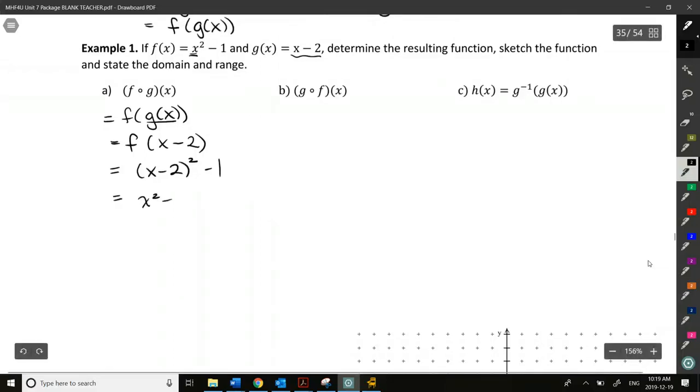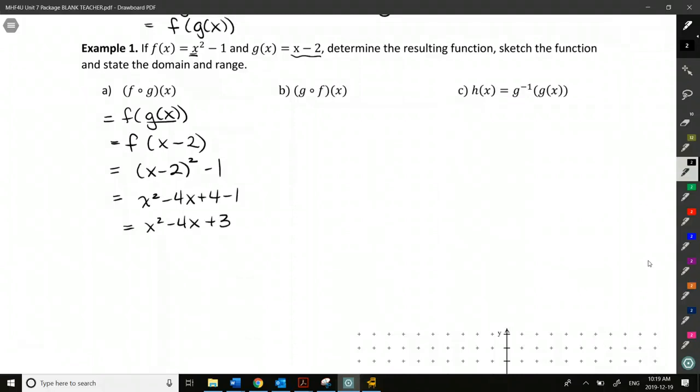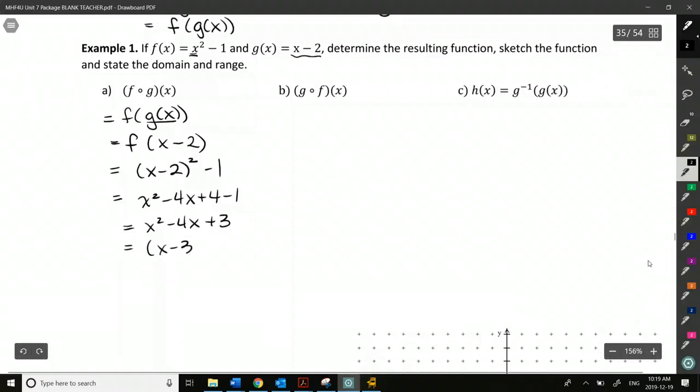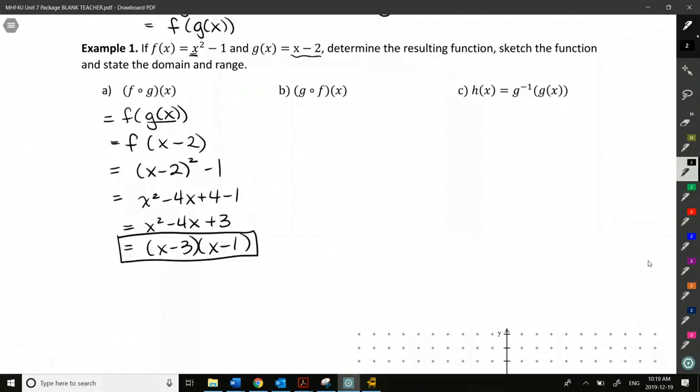So if we expanded this out, two things that multiply to 3 and add to negative 4 would be negative 3 and negative 1. Okay, so factored form is typically simplest form for these. Actually, both of these forms are going to help us graph below because one's vertex form and one's factored form, so that will be helpful.